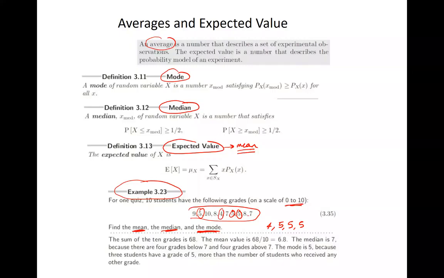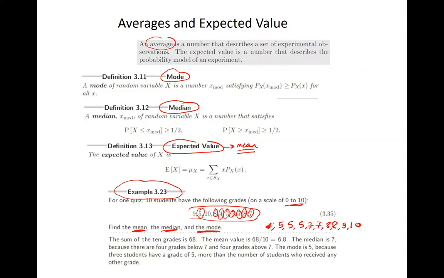And next I got 7. How many 7s? I got 1 here, another here. So 7, 7. And then 8, two 8s. Okay. And then one 9. And then 10. So 1, 2, 3, 4, 5, 6, 7, 8, 9, 10. So 10 students. So I ordered them from the minimum to the maximum.